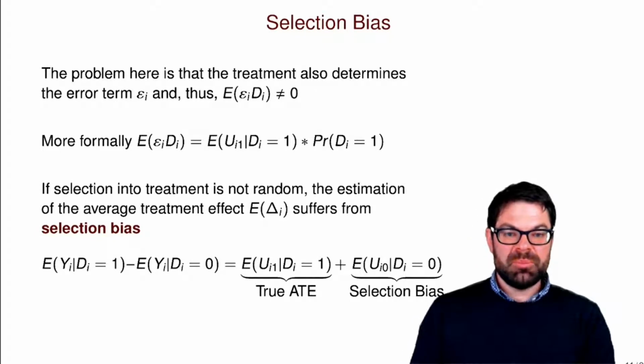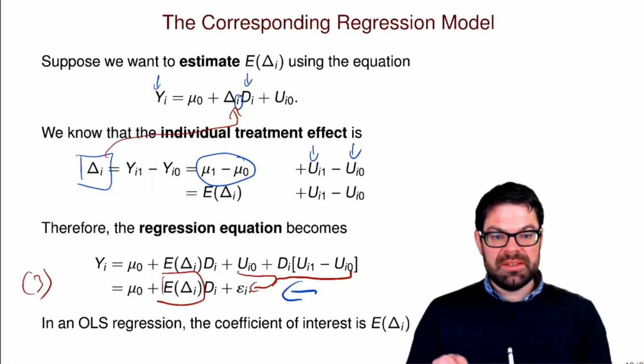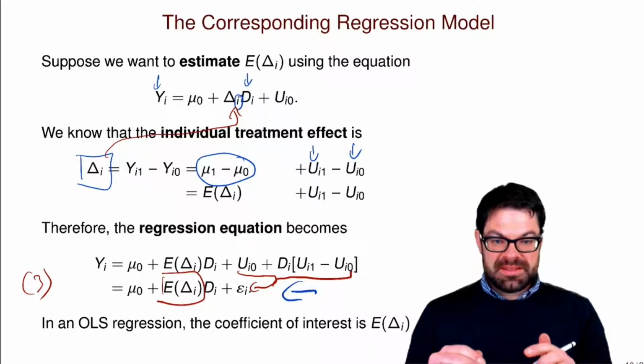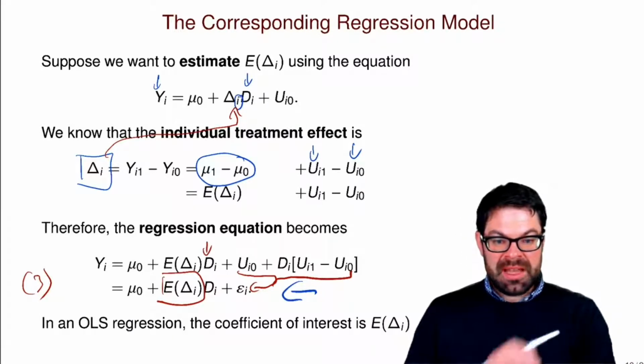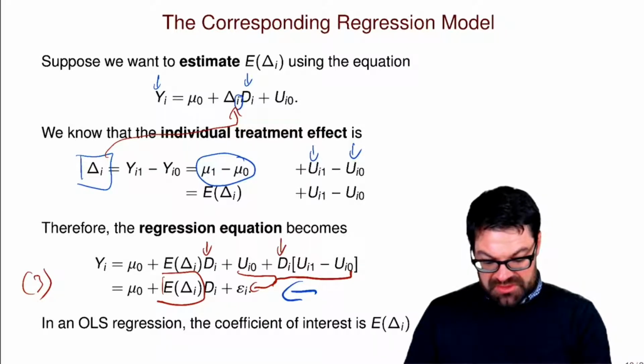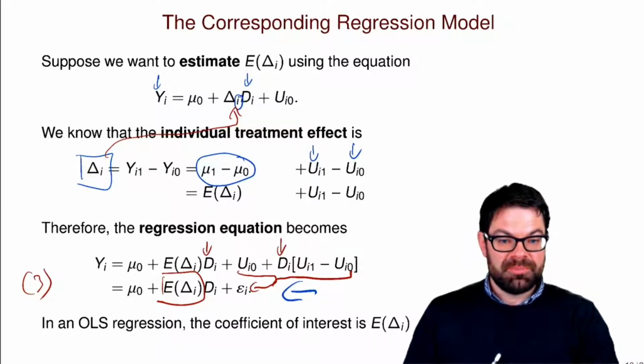Okay? So the big problem here is that if you look at this equation, equation 3, the first line is that the regressor of interest is D, but that regressor also appears in the error term.